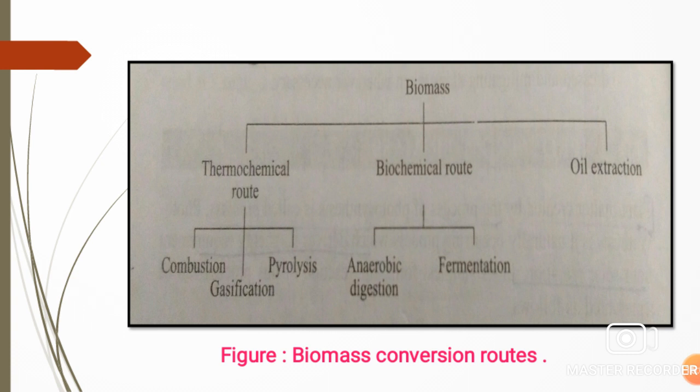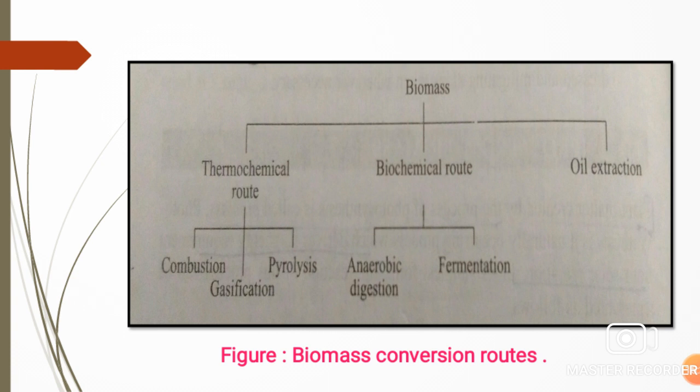The biochemical route is classified into two processes: anaerobic digestion and fermentation. Anaerobic digestion gives biogas and fermentation gives the biofuels or alcohol fuels. And from oil extraction we are able to obtain edible as well as non-edible oil.